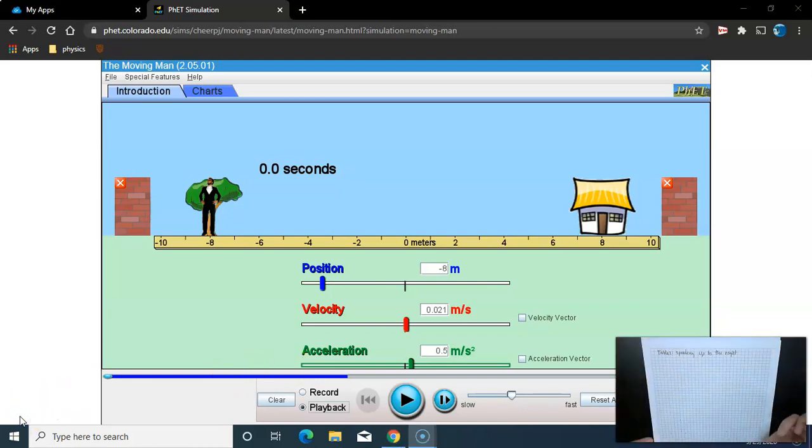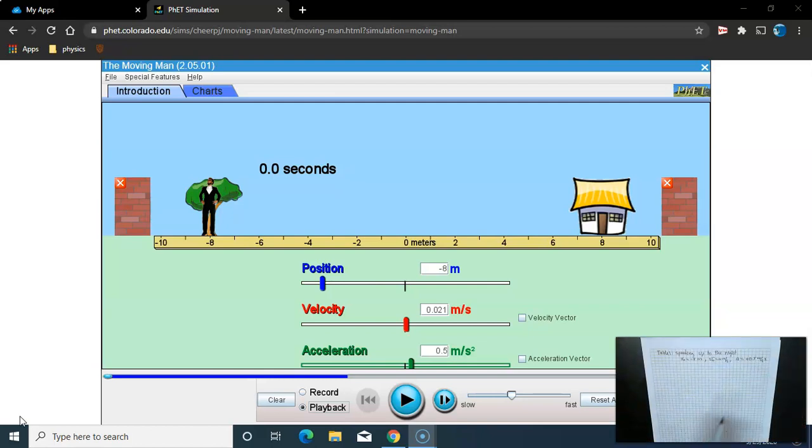Again, this lab is going to contain 4 tables. This is the first one. The guy is speeding up to the right. The initial position is the tree, that is at negative 8 meters. The initial velocity is 0 meters per second, and the acceleration is positive 0.5 meters per second squared.